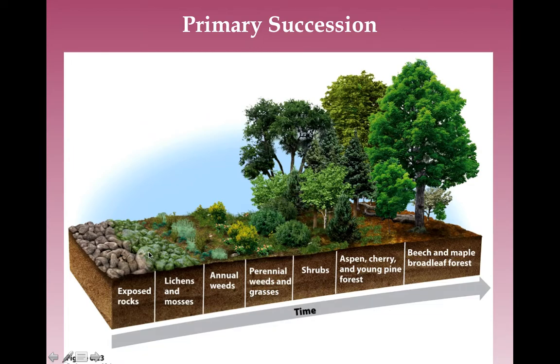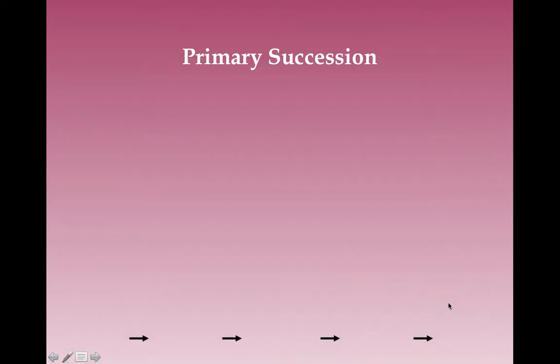So the lichens and mosses that form on the rock afterwards begin to break down those rocks, and then you can get weeds, and more complex types of plant species are able to grow, and you eventually end up with a climax community, which is usually a forest, depending on what type of biome you're in, but it often can lead to a forest.